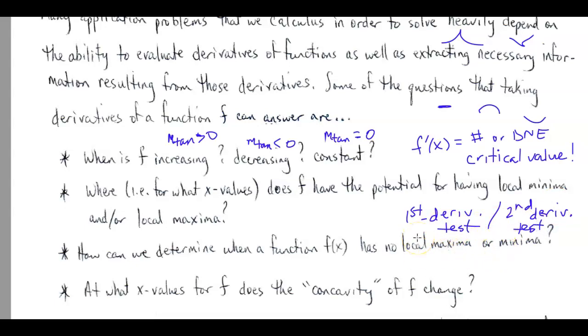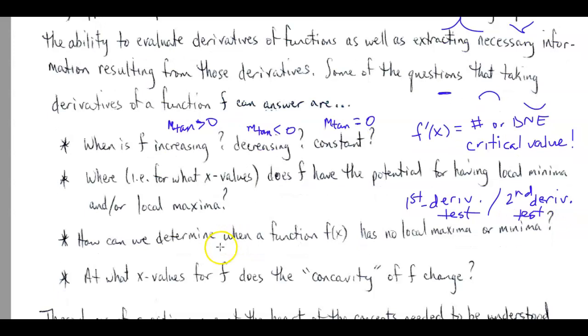Notice that the first derivative test and second derivative test both are looking for the same thing. They're just doing it in a different way. What they're looking for is essentially locations where we have a local max or local min, also known as a relative max or relative min value.